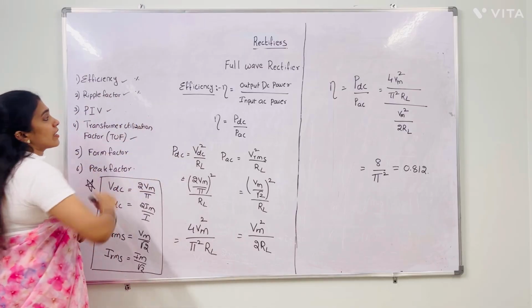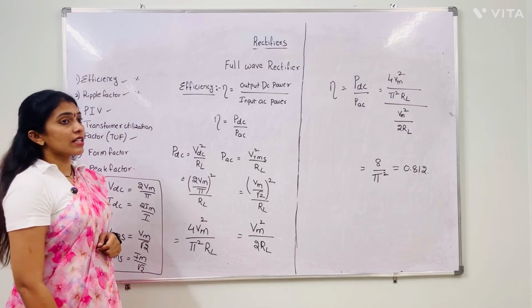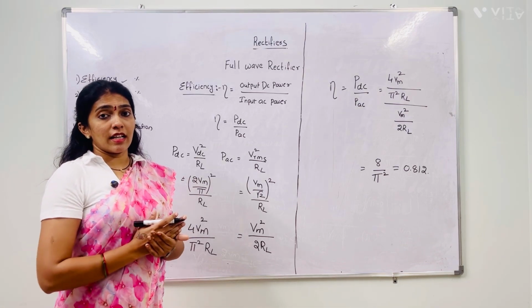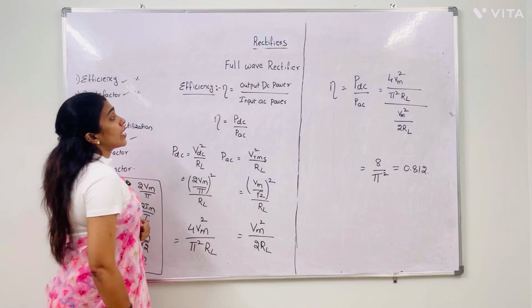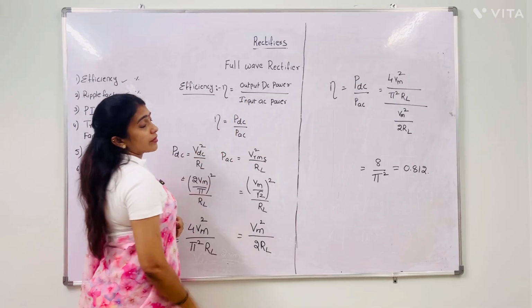Efficiency, the first factor. Efficiency is the capacity, how much percentage of an AC signal is converted to DC power. Formula: the ratio of output DC power to input AC power.